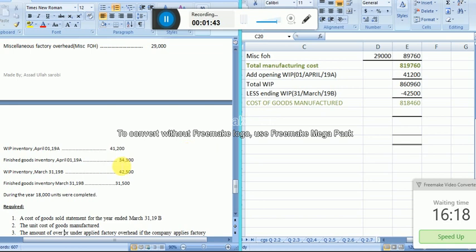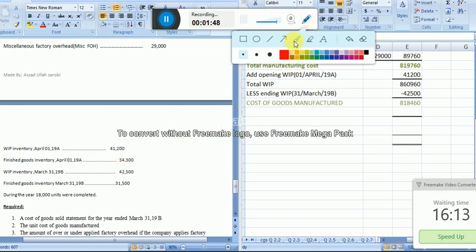The 34,300 finished goods remained unsold in 19A from the previous year.